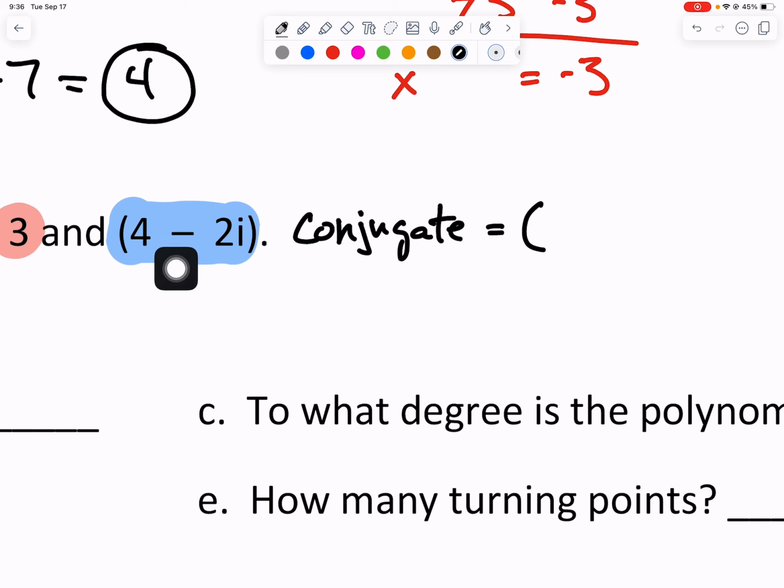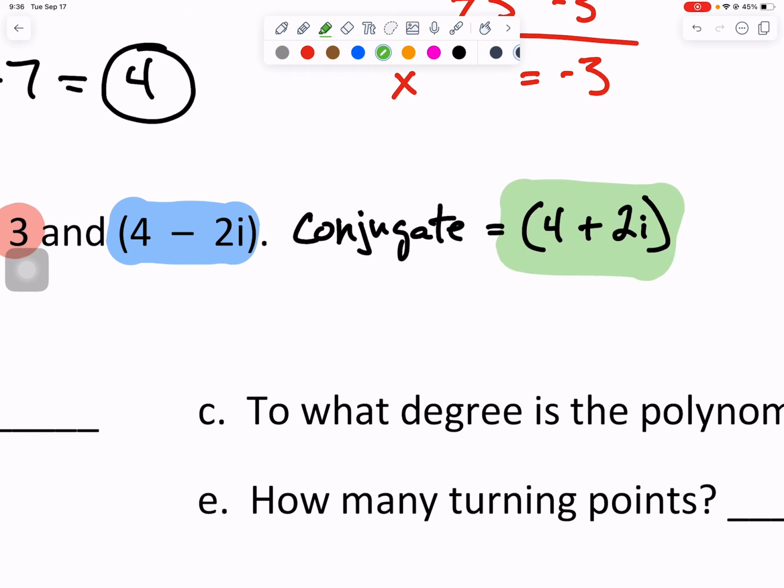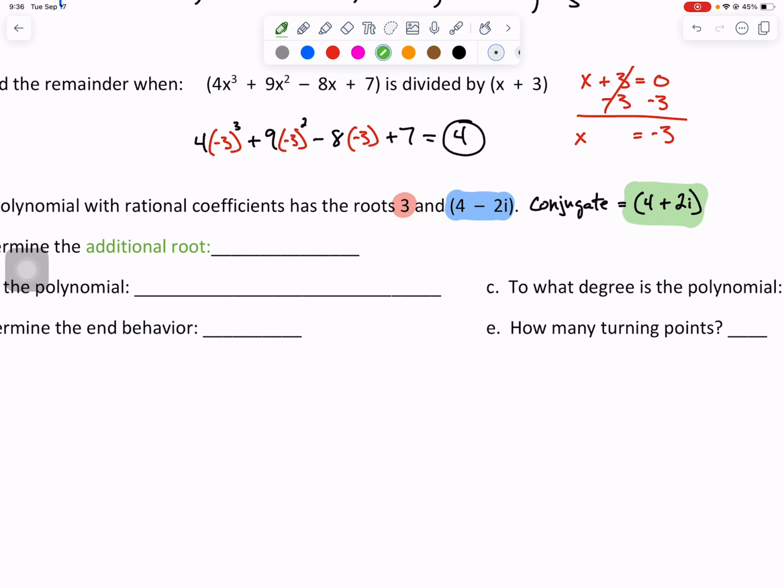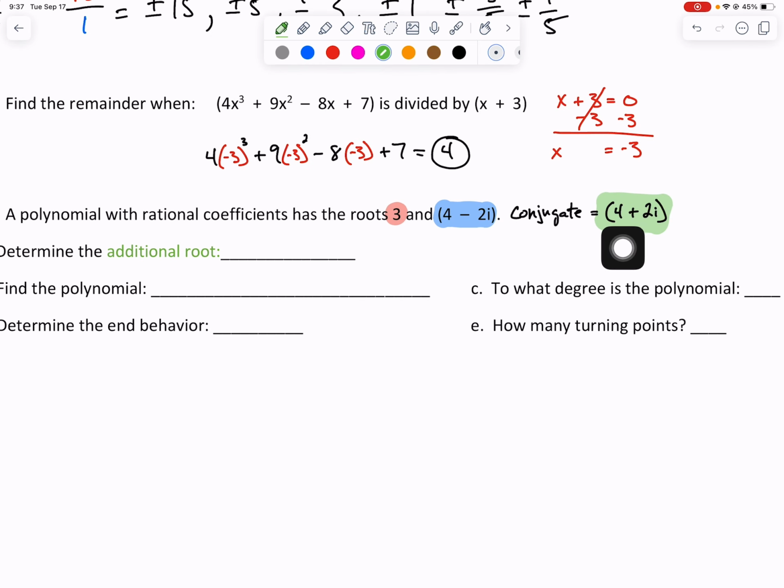The only thing that changes, that minus becomes a plus. All right, so 4 plus 2i. Close it. Now I'm going to highlight that in green. All right, and there's a reason for my madness. Yes, determine the additional root. Simply 4 plus 2i.